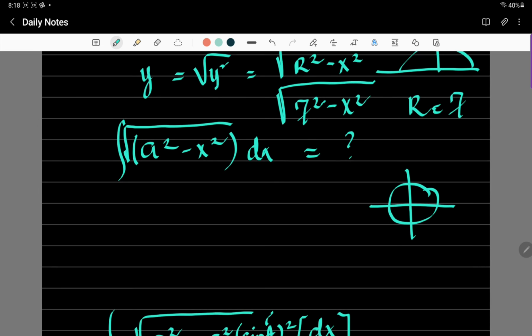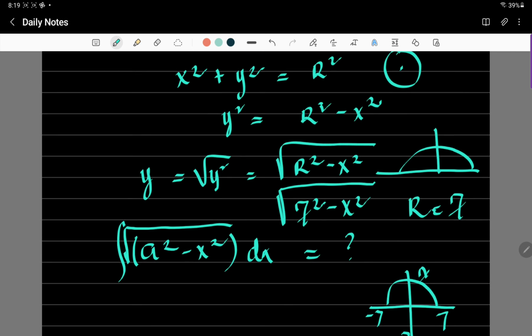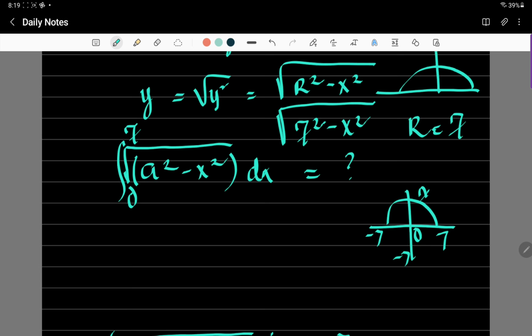The whole circle is radius 7, negative 7, and 7 here. Now since this is the square root, we take the top only. And since the integral is from 0 to 7, we do from 0 to 7. So we do what? Only 1/4. Okay, so it's a circle.